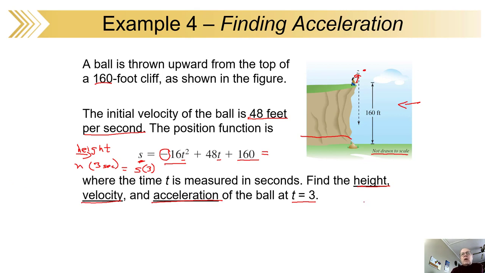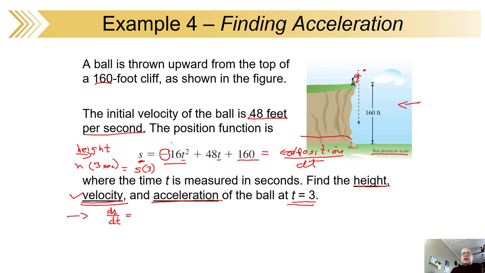Well, what about velocity? How fast is it going 3 seconds later? Well, the velocity is the first derivative of the position function. So the first thing you'd want to do is find out what the velocity function is. Since this is the position function, we'll take the derivative of that with respect to time, and that'll give us our velocity function.